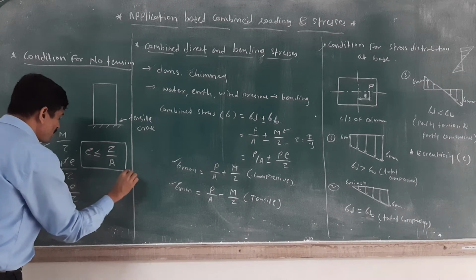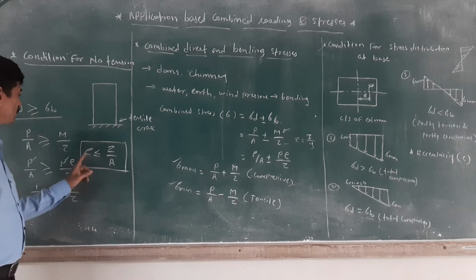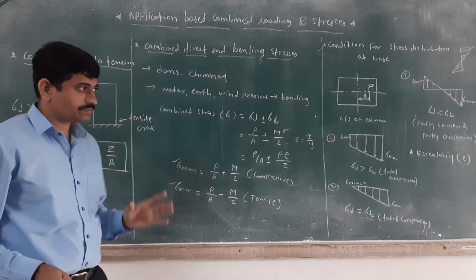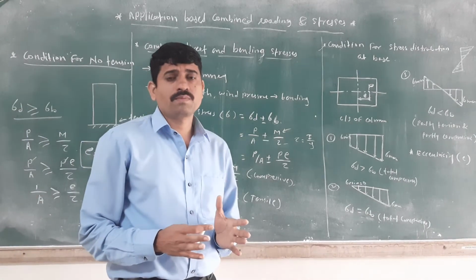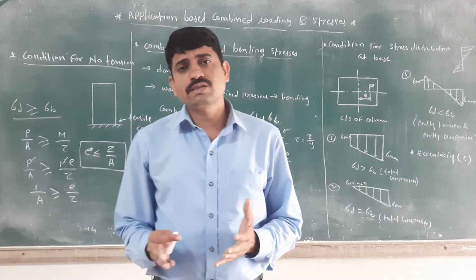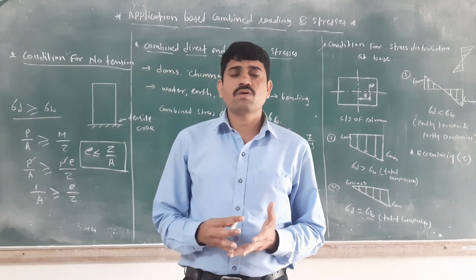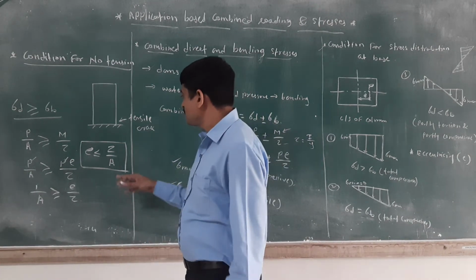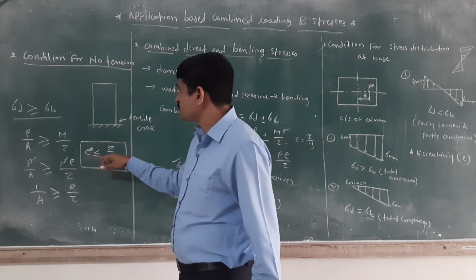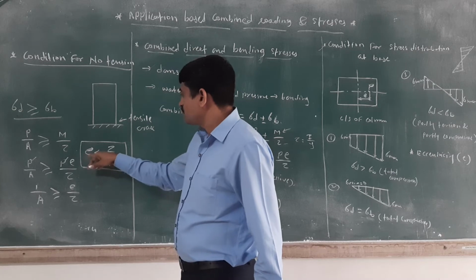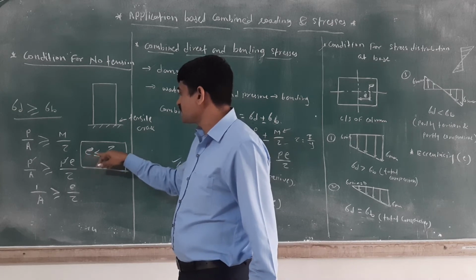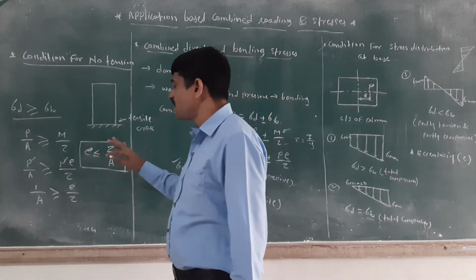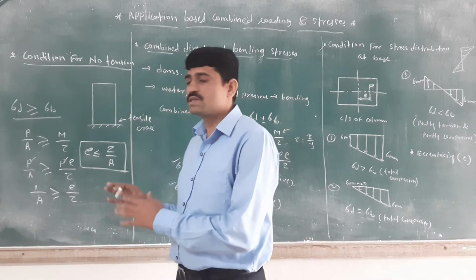You should remember that formula. This is a very important formula. When you calculate for different sections, if you are given a rectangular section, rectangular hollow section, circular section or circular hollow section, then you have to calculate the eccentricity for it. The general formula is that eccentricity is always less than or equal to Z by A. You should remember this condition.